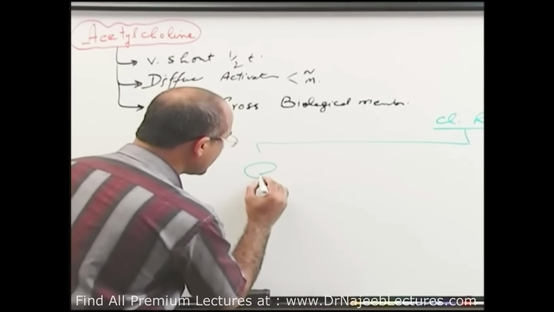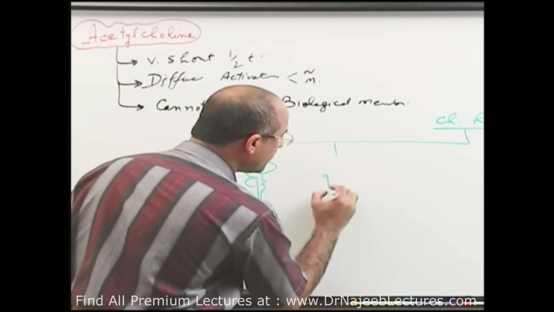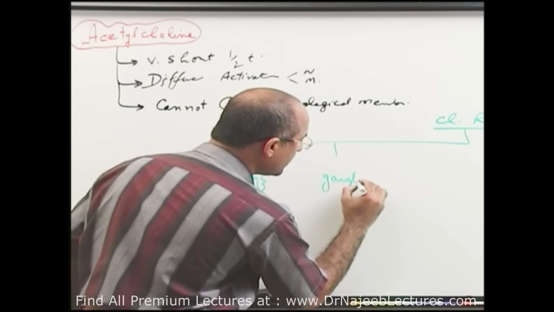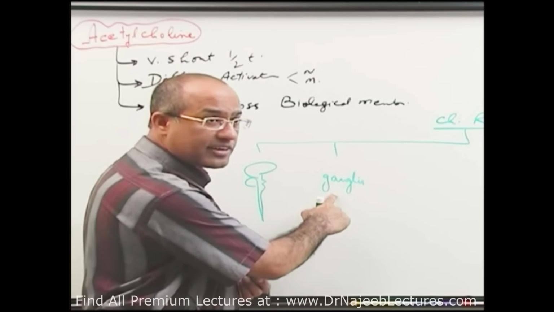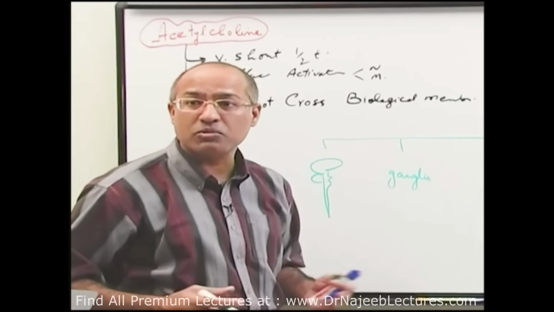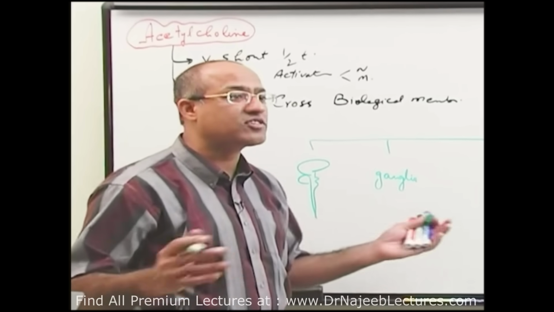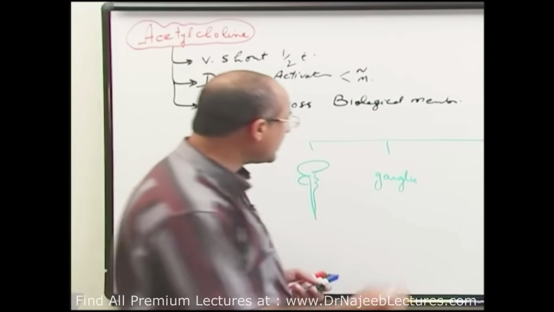One way is they are present in the central nervous system. Secondly, they are present on ganglia. Which ganglia, sympathetic or parasympathetic? Both. So if acetylcholine stimulates all your parasympathetic and sympathetic ganglia, there will be such a diffuse and non-selective action, right?